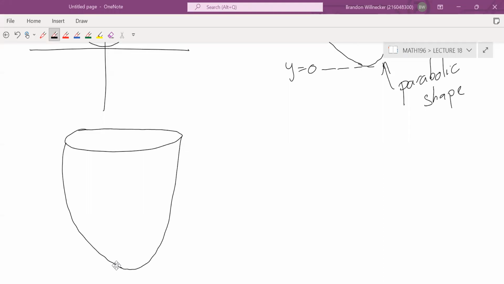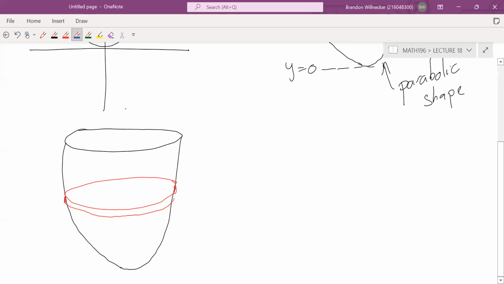So in exactly the same way as the wedding cake problem, we're going to take the shape and slice it into layers. So let's just pick one of the layers to be here. So we've got this layer. It's like a coin or a disc, something like that.